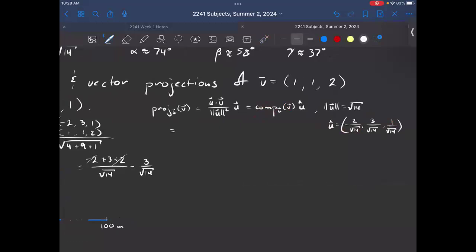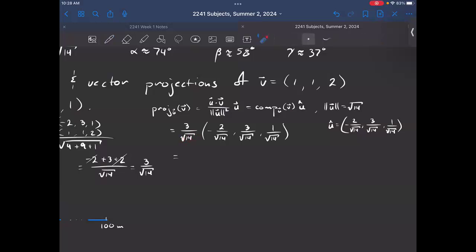So what we want is 3 over the square root of 14 times minus 2 over the square root of 14, 3 over square root 14, 1 over square root 14. Okay, so this is where we need to be a little bit more careful about multiplying.